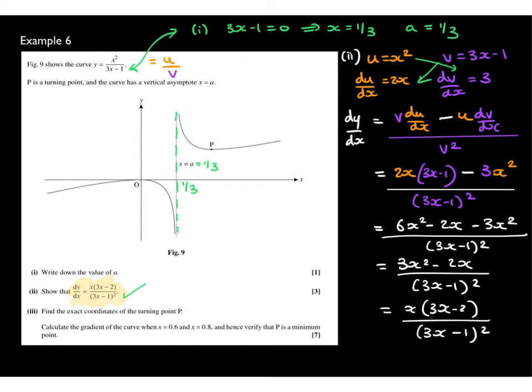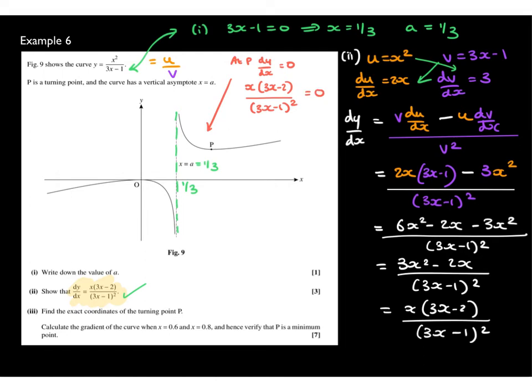Now, find the exact coordinates of the turning point P. So what do we know about the turning point? Well, we know that at P, dy by dx is equal to 0. So that means I need to set 3x squared minus 2x over 3x minus 1 all squared equals 0. Again, it's a division, it's a quotient.